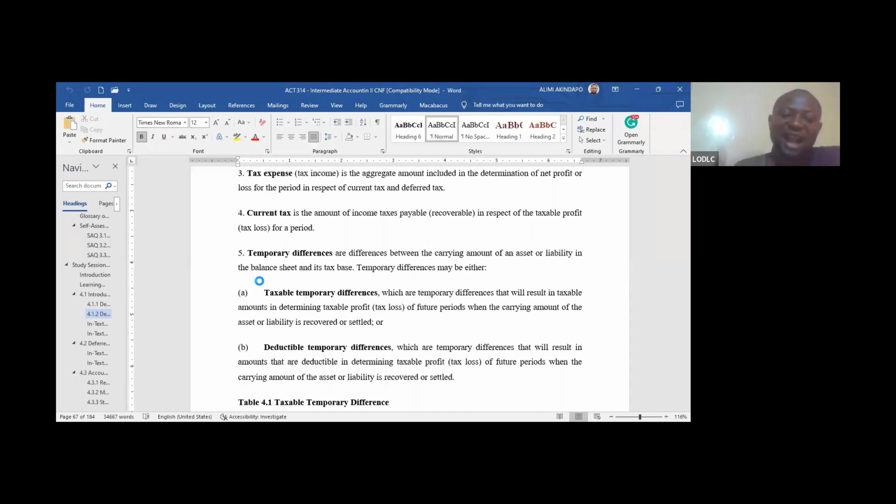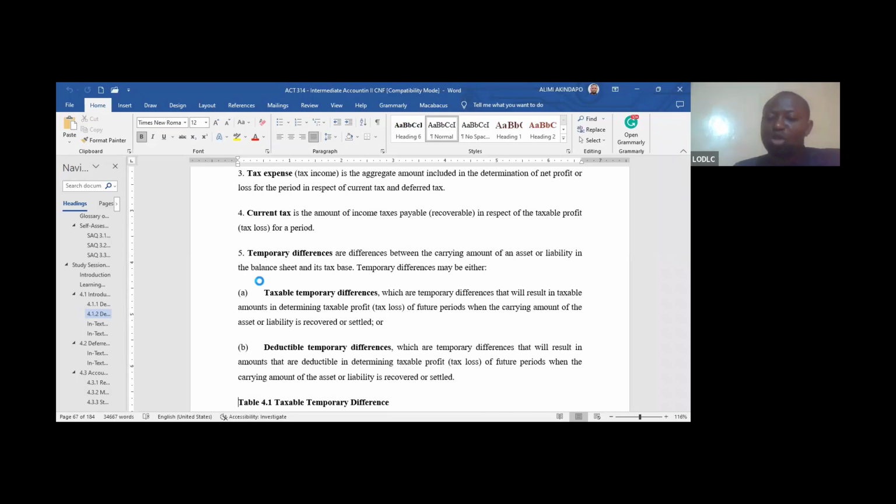These temporary differences can either be taxable temporary differences or deductible. Taxable temporary differences are temporary differences that will result in taxable amounts in determining taxable profit or loss of a future period when the carrying amount of the asset or liability is recovered or settled.